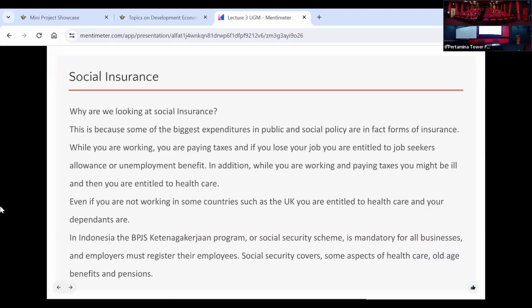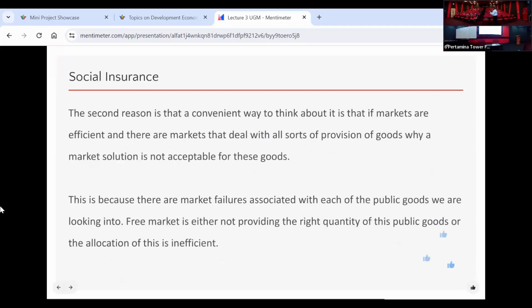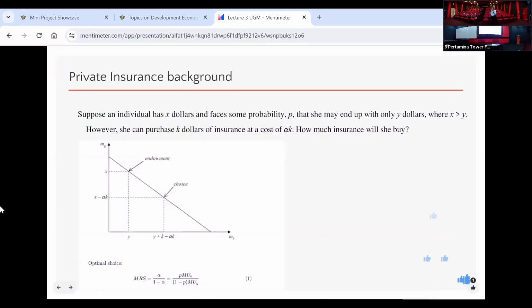So the government is able to correct asymmetric information. And how do they do it? By obliging everybody to buy full insurance, low risk and high risk, regardless of their type. That's a good thing about social insurance, that membership is compulsory.